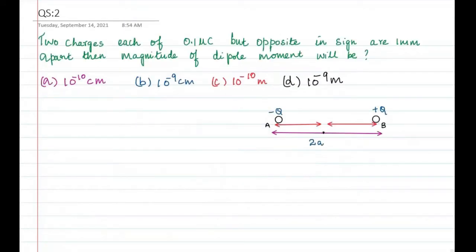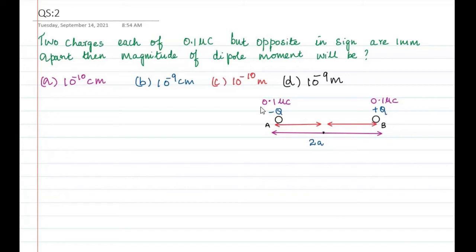Now the question is: two charges each of 0.1 microcoulomb but opposite in sign. So one is a negative charge, another one is a positive charge. We have equal charges but opposite sign, so they mean it is an electric dipole.